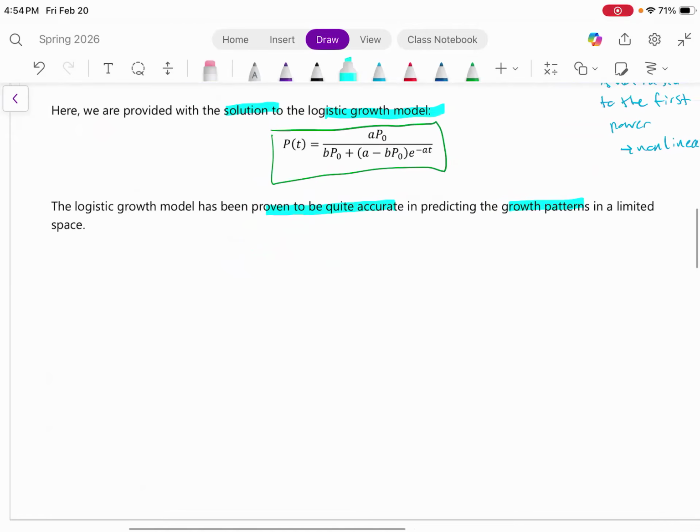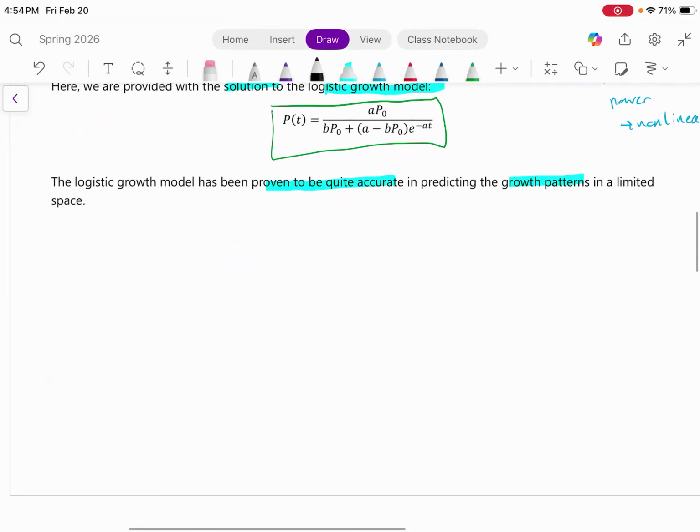So let's graph what the logistic growth model essentially tells us. There's no negative time or negative population, so we are only in this positive quadrant. The axes are t and population. And the way this works is we have a couple of conditions.